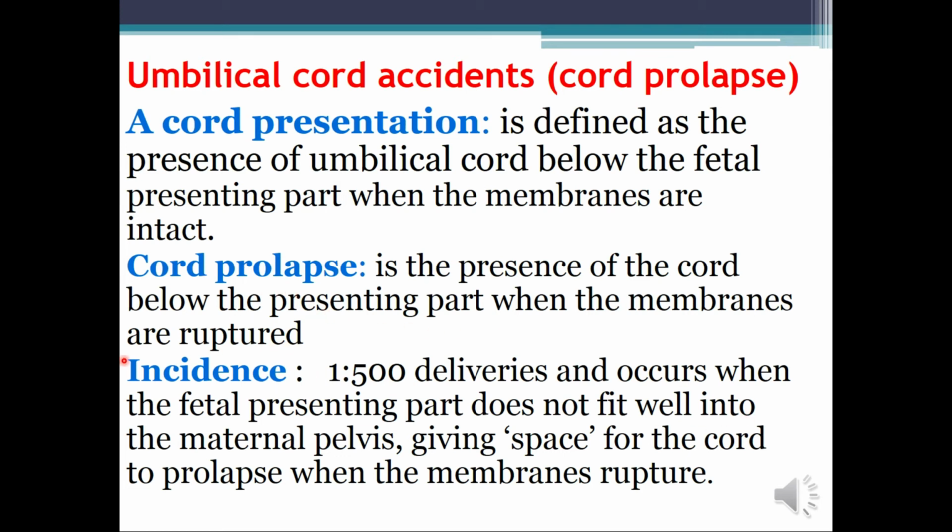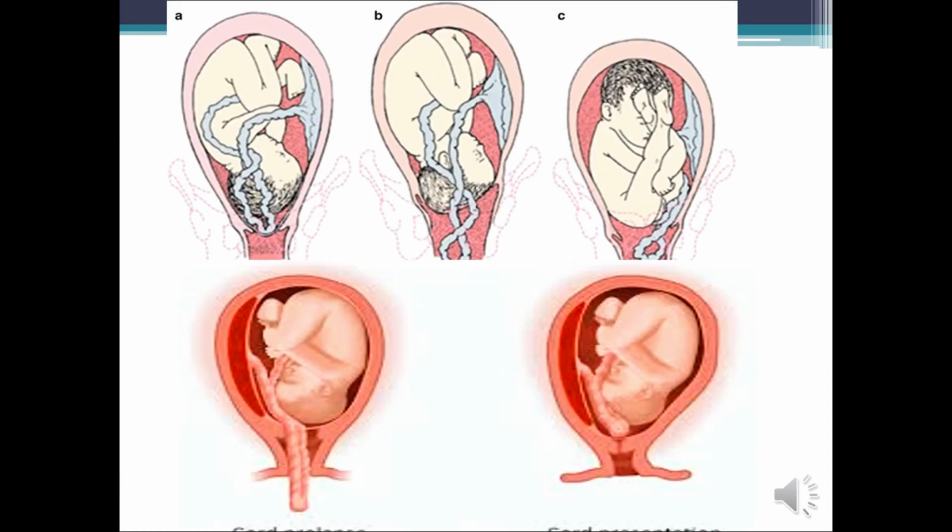Incidence is 1 in 500 deliveries and it occurs when the fetal presenting part does not fit well into the maternal pelvis, giving space for the cord to prolapse when the membranes rupture. Here, cord presentation, membranes intact.